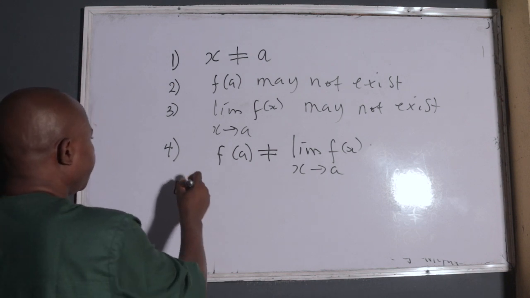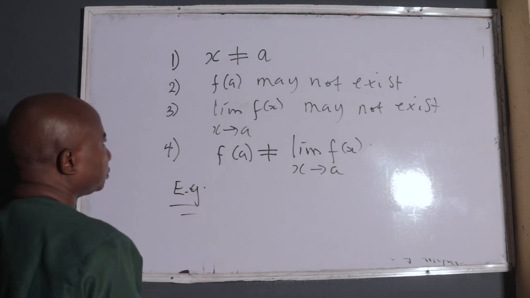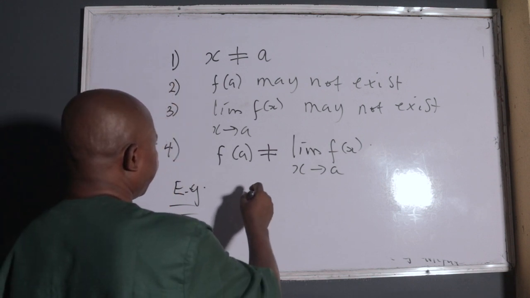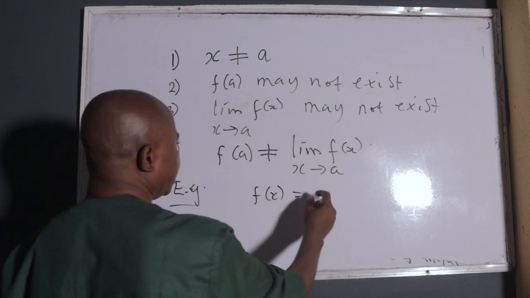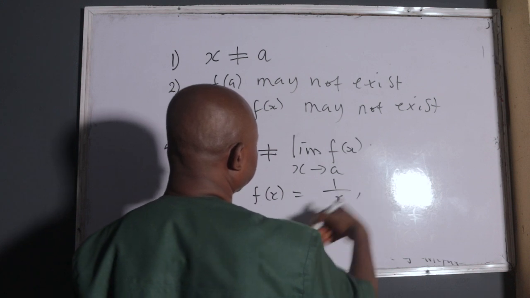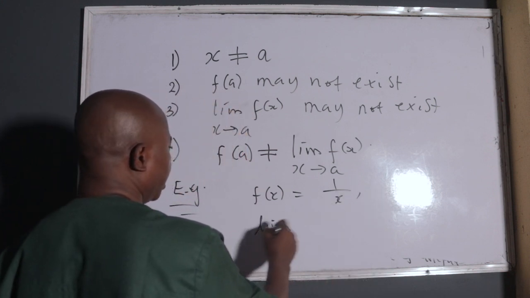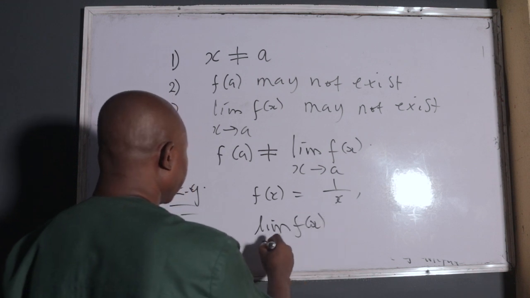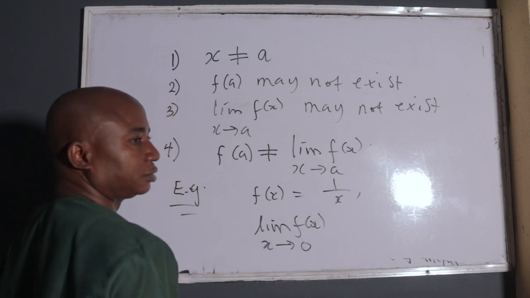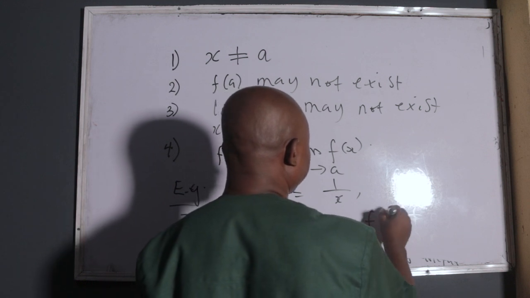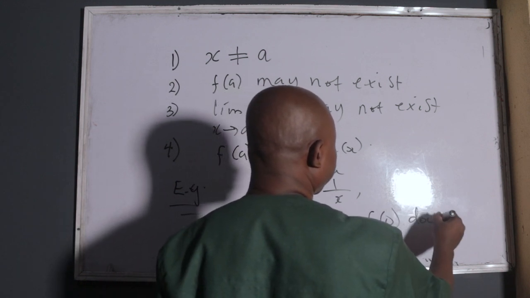Alright, so if I give this example, I give you f(x) is 1 over x. And I want to compute the limit of f(x) as x approaches 0. You can see immediately here that f(0) does not exist.